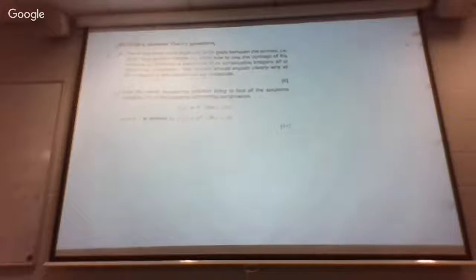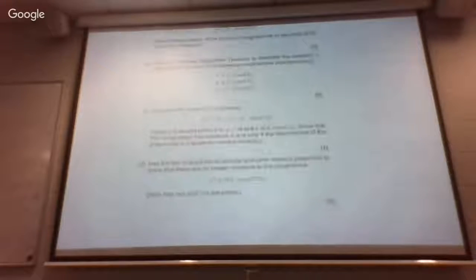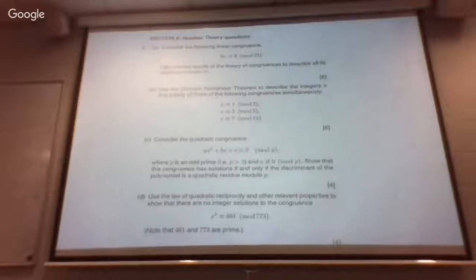Question 3 part B is about solution lifting when you're dealing with congruences modulo a prime power. And then finally, question 4 is a bit more on prime congruences. A linear congruence in part A, the Chinese remainder theorem in part B, and a descriptive bit in part C about quadratic congruences, which leads us on to quadratic residues.